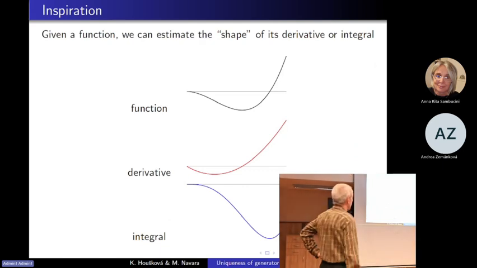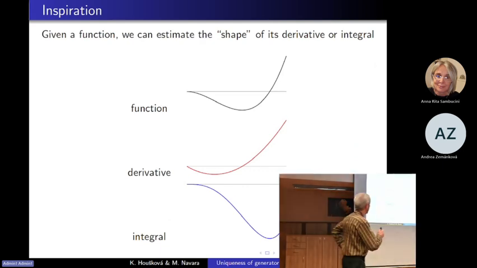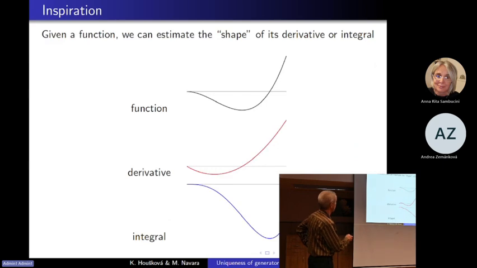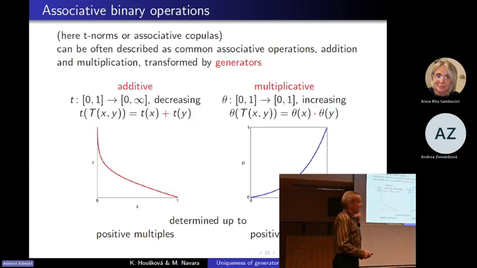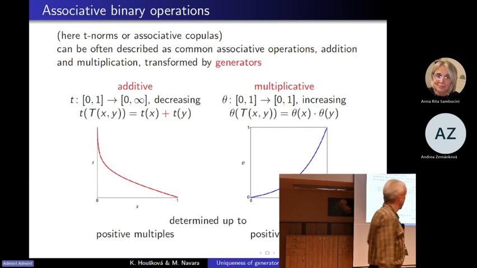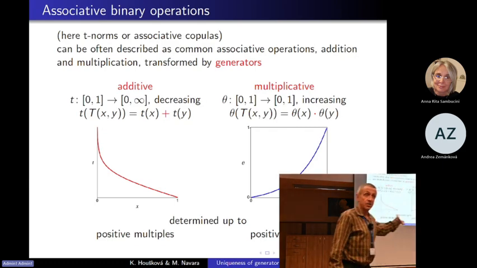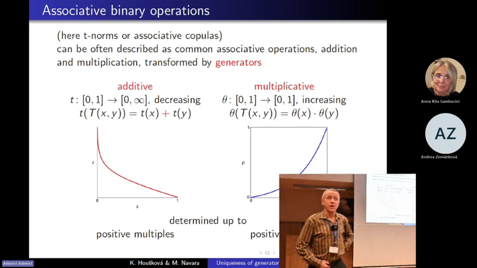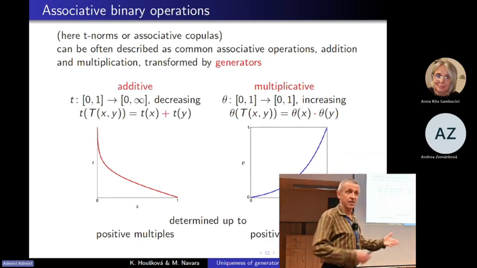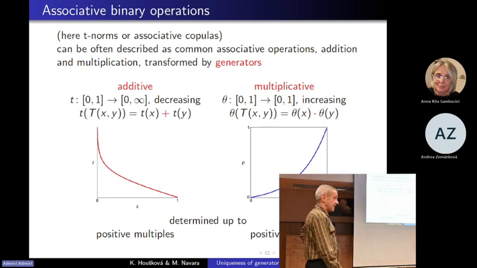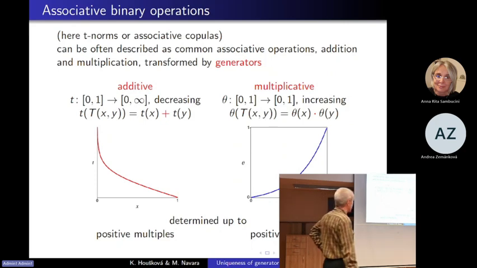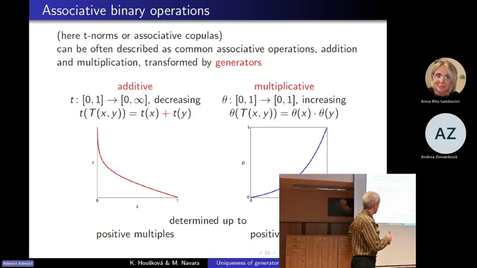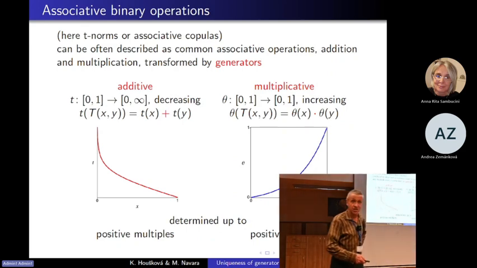Now we can switch. Yes, thank you. And now, what about binary functions? Associative binary operations, which means T-norms, associative copulas as typical examples. The problem is that we do not see associativity on the graph of a binary function. This is replaced by the trick that we switch to some known associative operations like addition and multiplication.